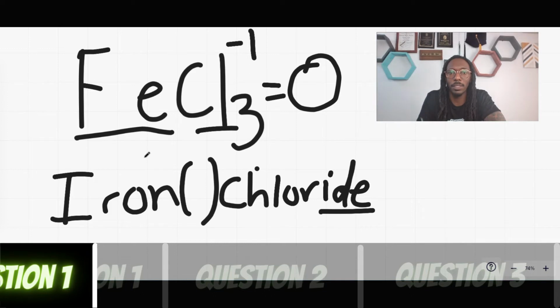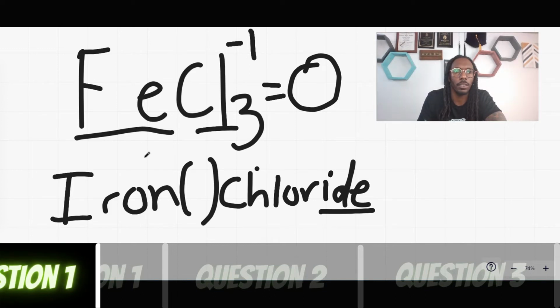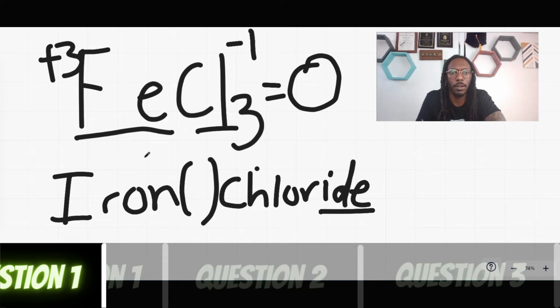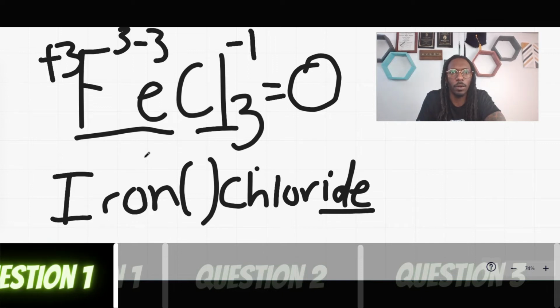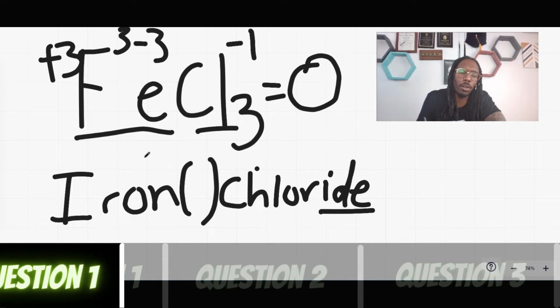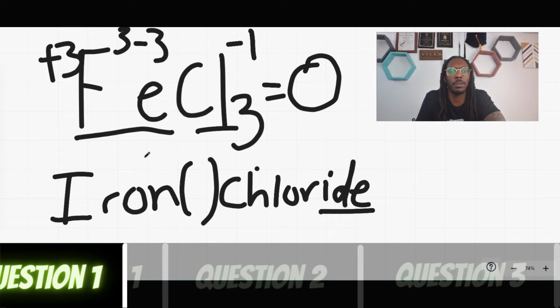We're going to do some basic math here. It's going to have to be +3. So +3 minus 3 chlorines is going to equal 0. So this is going to be a neutral compound, like I mentioned before.